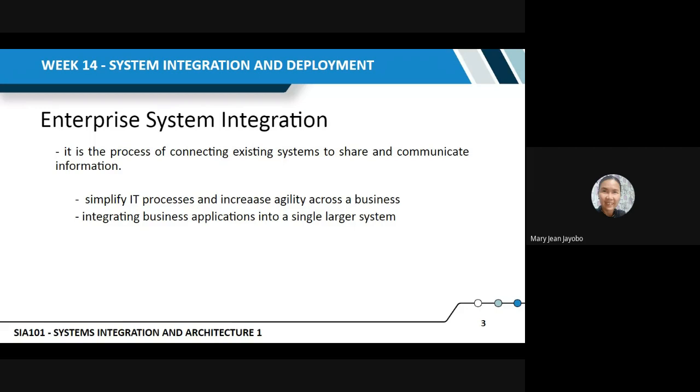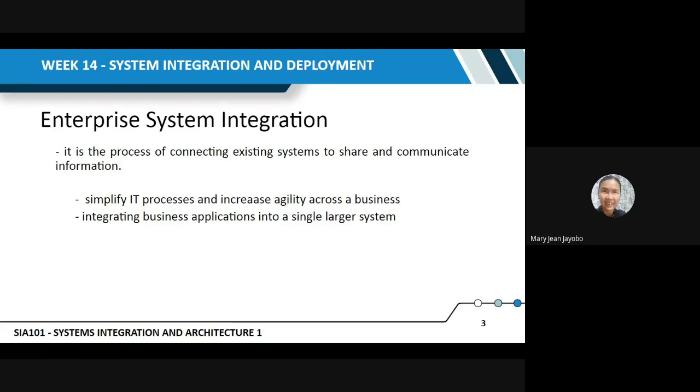It needs to get the data or information from the human resource department, like their attendance, their arrivals, their absences, how much the employee's salary will be, and their leaves and benefits. So it should be integrated. They have common information that needs to be shared. So that is connecting existing systems to share and communicate information.